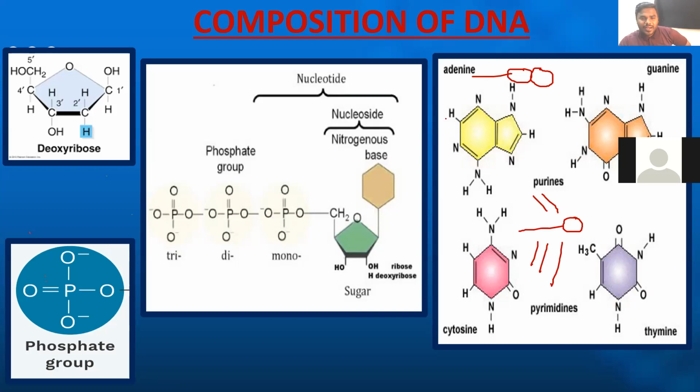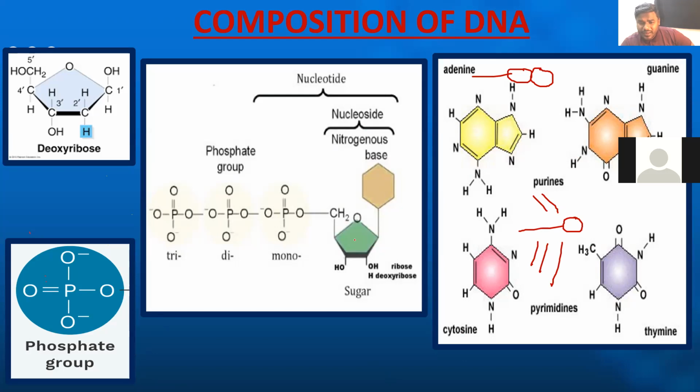We have read right now base separately, phosphate group separately, sugar separately. But if all are arranged separately, do you think a nucleotide can form? A nucleotide never forms. Okay, now all of you have to listen to me very carefully, friends. How do these three come close together?